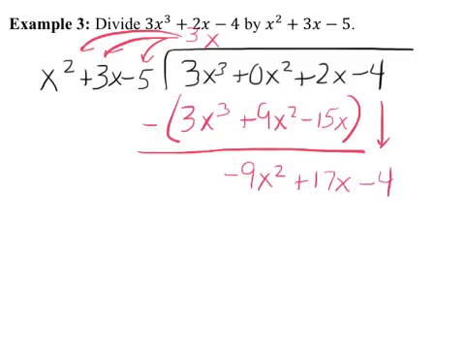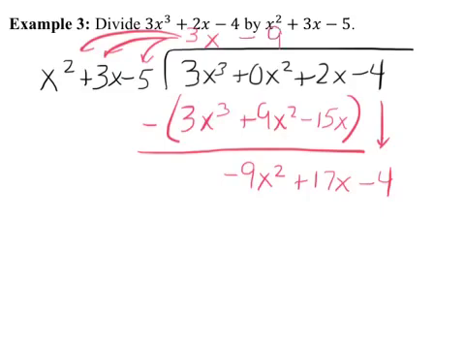And the question then becomes, alright, what quantity should go up here now, in the next spot, right? So when multiplied by this quantity, it gives me the same thing as down here. So I need to put something up here that gives me the same thing as this. Well, negative 9 up here will make this negative 9 times x squared, which is what this is. So let's go ahead and put a negative 9 up here.